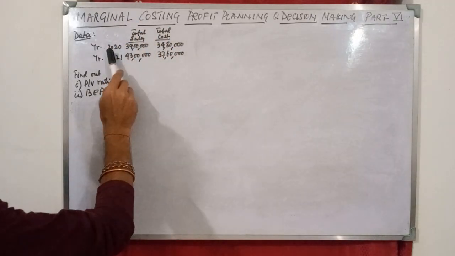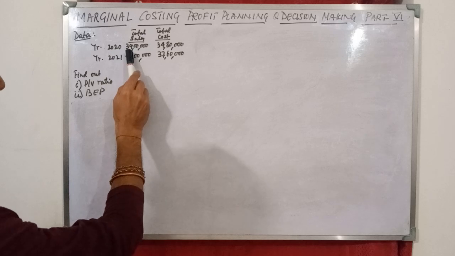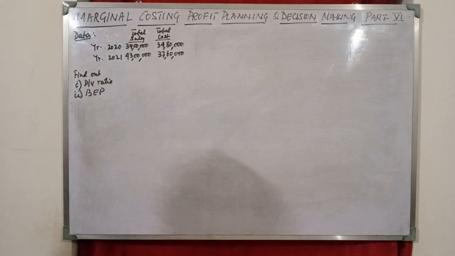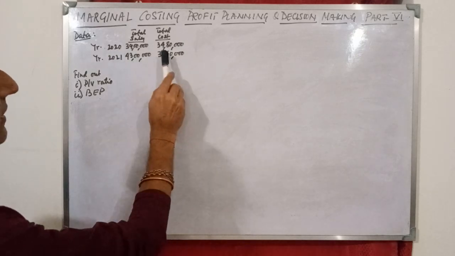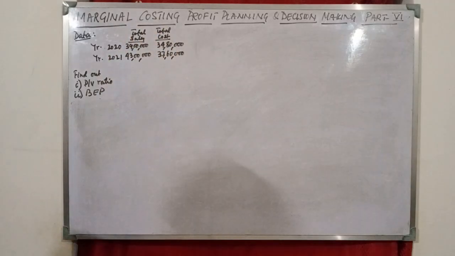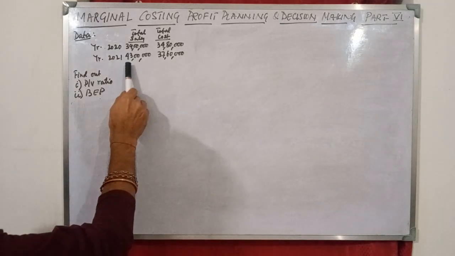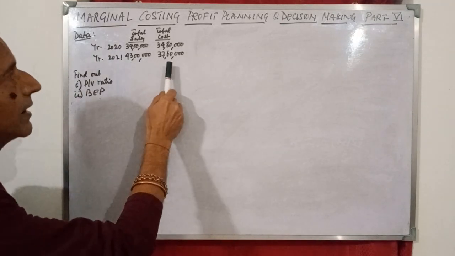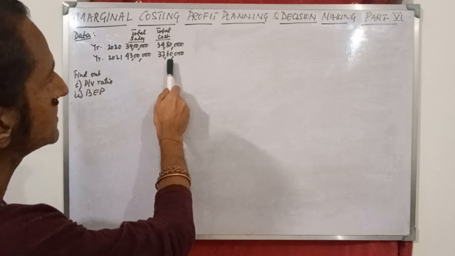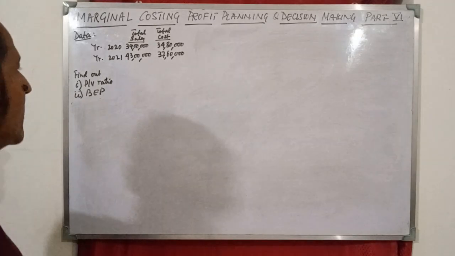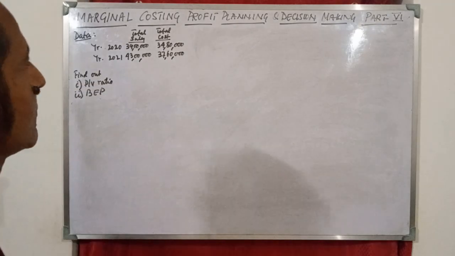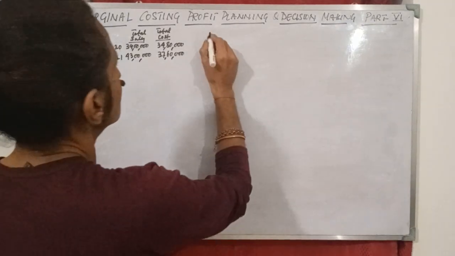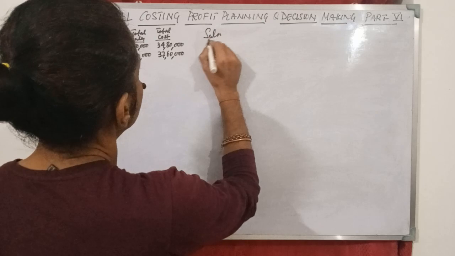So total sales in year 2020 is 39 lakh and total cost in the same year, that is 2020, is 34 lakh 80,000, and in year 2021 total sales is 43 lakh and total cost is 37 lakh 60,000. We have to find out the PV ratio and the break-even point. So we start solving this problem.